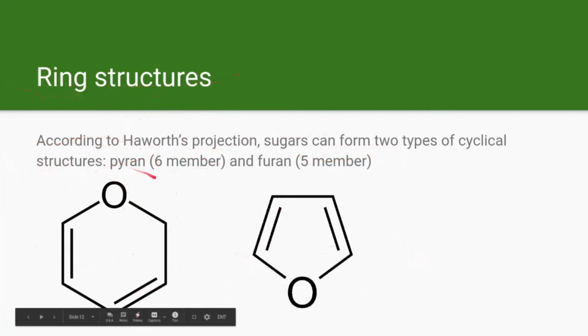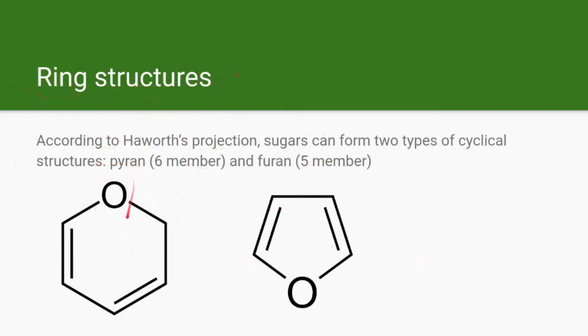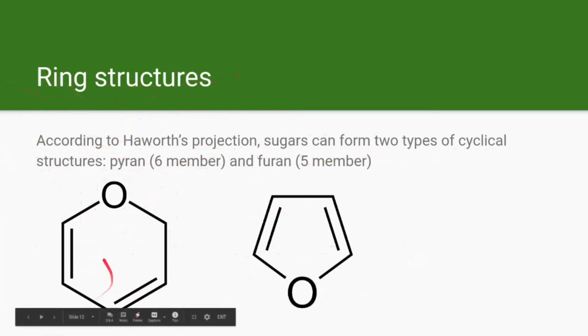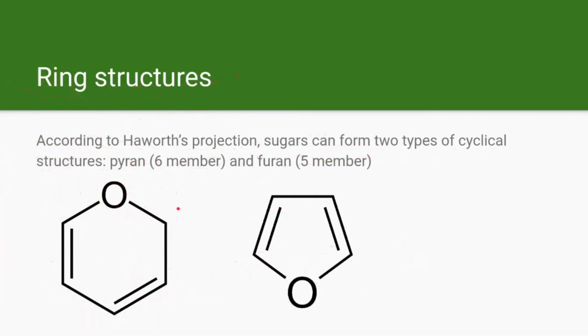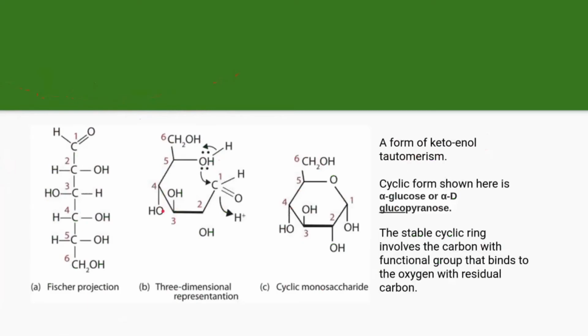It's a heterocyclic ring. As you can see, oxygen is inside the ring, and then furan. You won't find these double bonds in the sugar molecule, but this is a furan molecule. This is the pyran molecule itself.